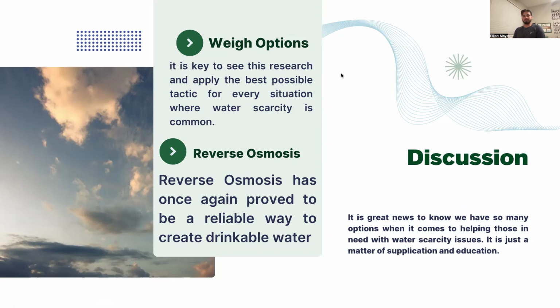And once again, reverse osmosis has proven to be really the most reliable way to create drinkable water. There's no need to really reinvent the wheel here. Reverse osmosis does a great job.